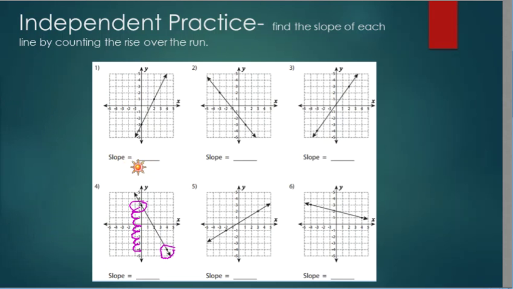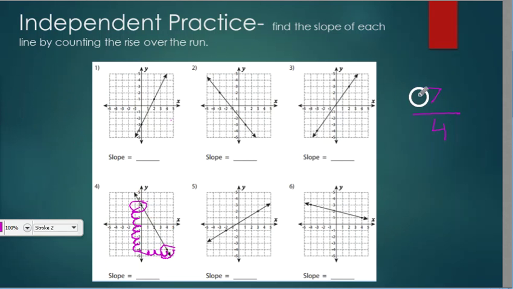So our vertical change is 7. Okay, so our change in y is 7. And then we have to move to the right 1, 2, 3, 4. So our horizontal change is 4.